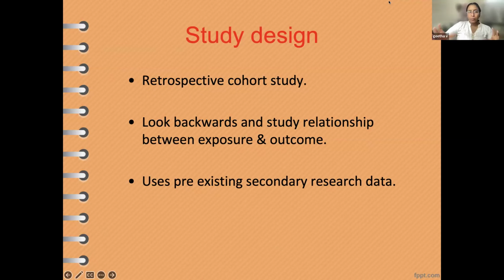Basically, we have all the information, which has already occurred, but we need to analyze it. That is why we need to go back and analyze it. It uses pre-existing secondary research data.